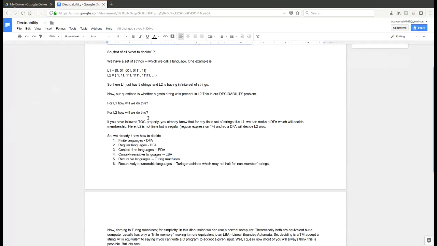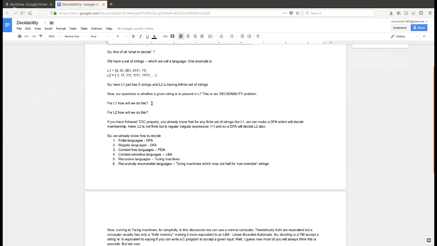I suppose you already know that for L1, we can make a DFA, which will have a finite state corresponding to each of the 5 strings. And like this, for any finite language, we can always have a DFA.